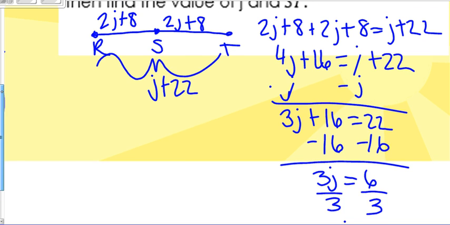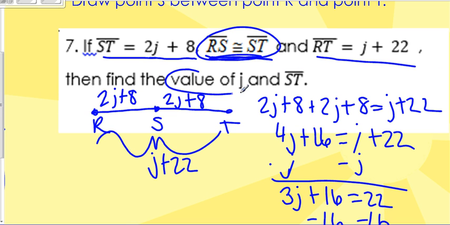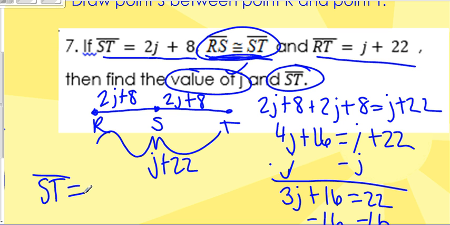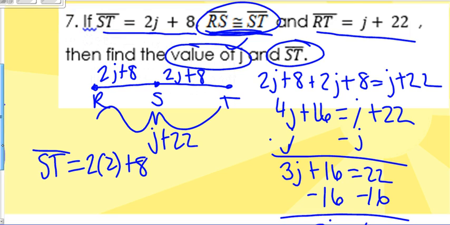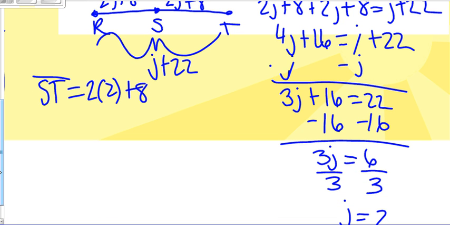Okay, let me double check. Should have queued before I did this. Okay, so we got a value of j. Check, but then it says also the value of ST. So ST is going to be 2 times 2 plus 8. And we're going to get 4 plus 8, or 12, for our value of ST.